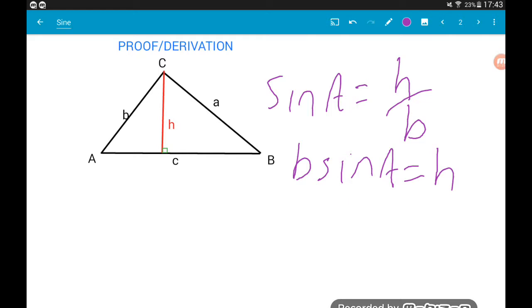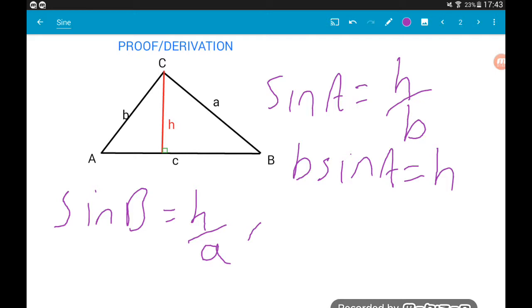In the right hand triangle we can do exactly the same. We'll get sine B is equal to H over A, and then just as above we can multiply through by A, and that will tell us that A sine B is equal to H.